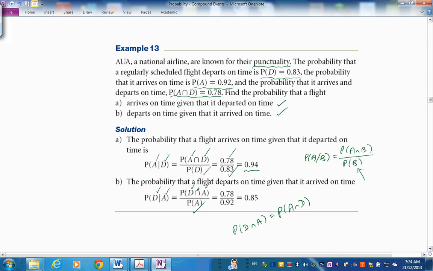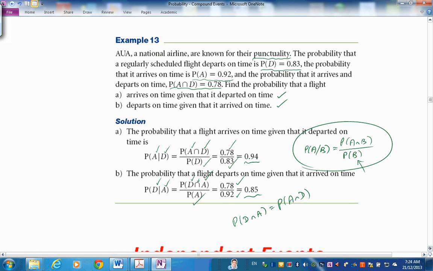So we're given that 0.78 and dividing by 0.92. So again, the IB do like you to be able to use this rule. It's the hardest example of conditional probability. We can't draw a Venn diagram very easily to describe it. You can't count up the numbers in the two sets and that sort of thing. So be able to use that rule, that's important.